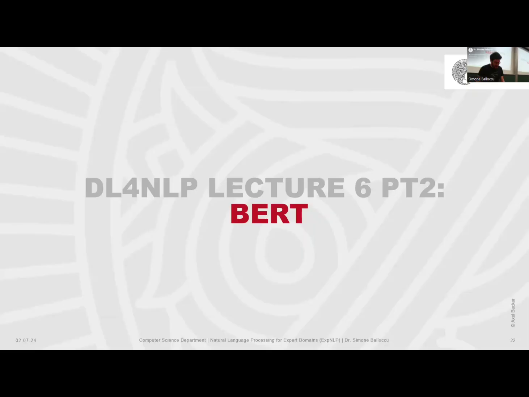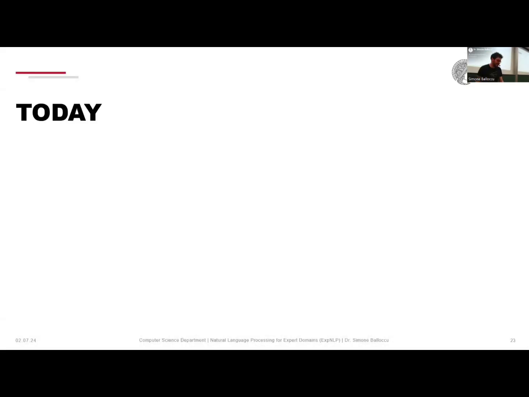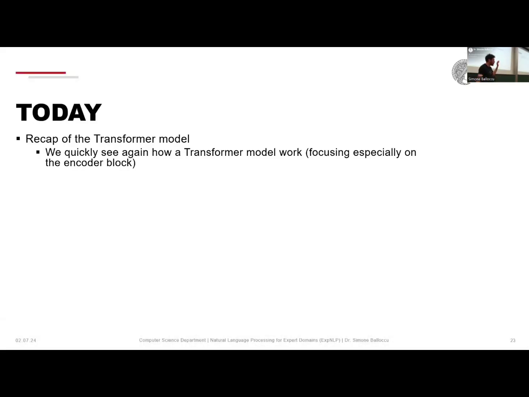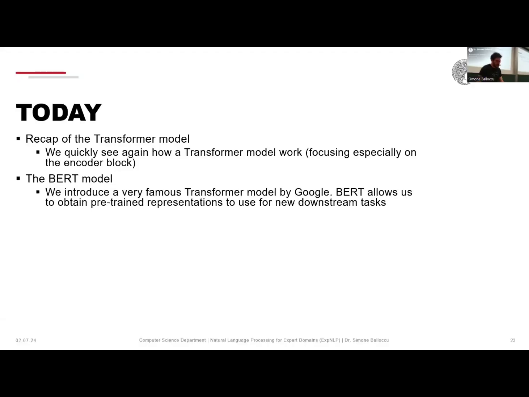So today, again, we do a quick recap of what we just saw. So we quickly see again how the transformer works, of course focusing on the encoder because we saw only the encoder part of it. Then we introduce a very famous transformer model called BERT, which allows us to obtain pre-trained representations that we can use for other tasks.